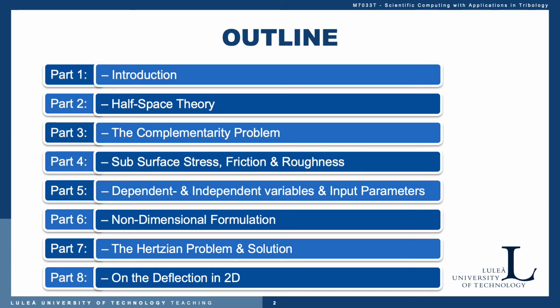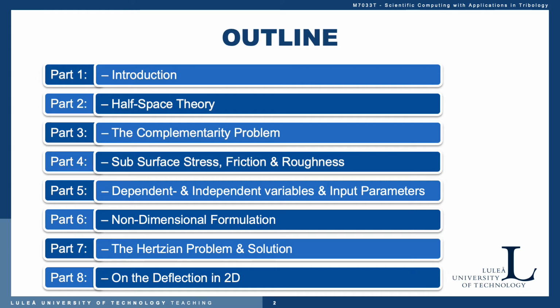In part 1, I'm going to introduce you to the contact mechanics problem and then successively build up the fundamentals of the half-space theory. In the next part, I introduce you to the complementarity problem. In the third part, we have a brief look into what happens underneath the surface, and what happens if we add friction and roughness to a seemingly smooth contact.